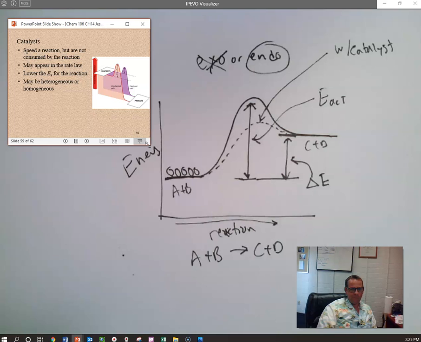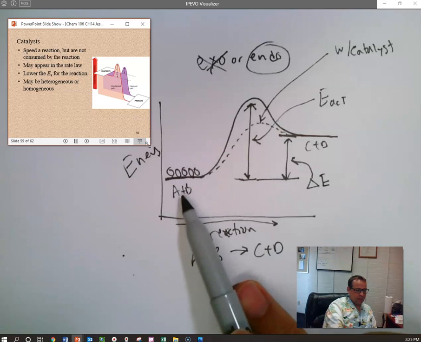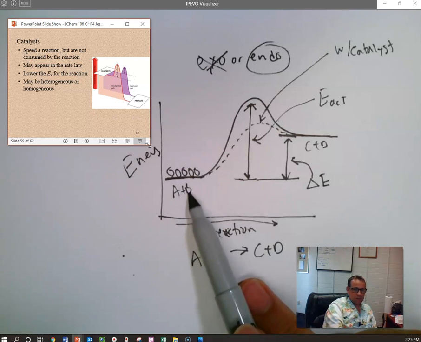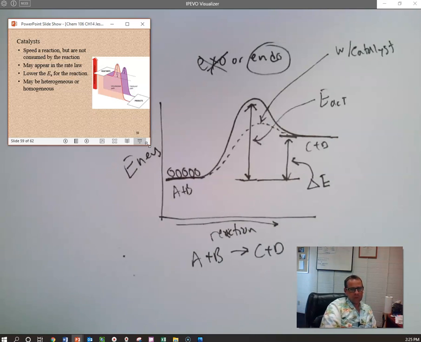The temperature of the reactants. So if I have A and B in a pot and they're not reacting, but if I heat them up, what am I doing to A and B when I heat them up? You're increasing the rate of collisions of the molecules.